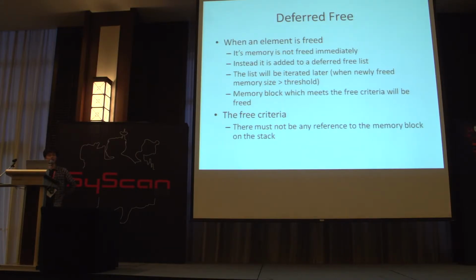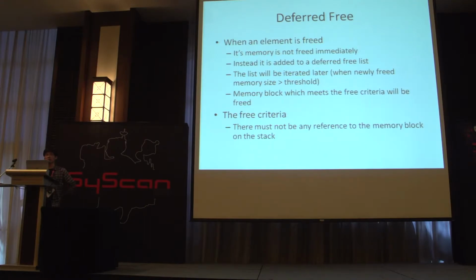For example, for an object with the address X, memory protector will search the stack to find whether there is a value which equals X on the stack. And if such a value is found on the stack, then memory protector will consider that this heap block is not safe to be freed now.